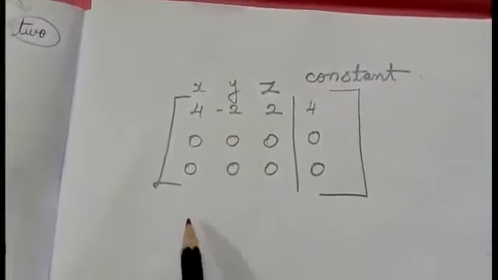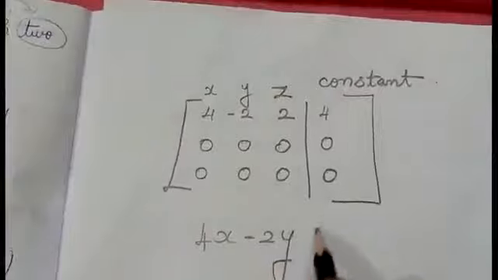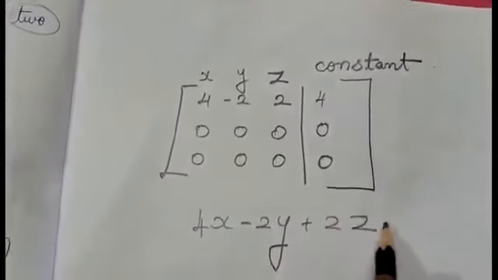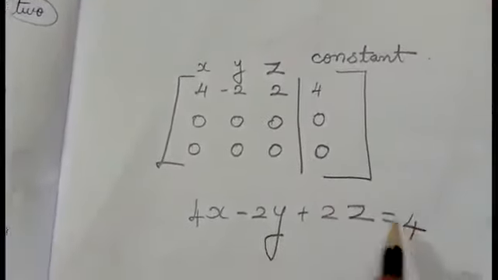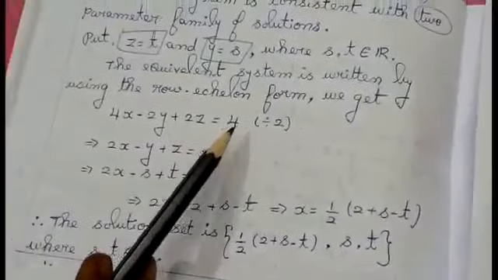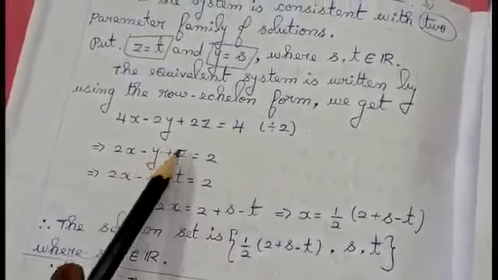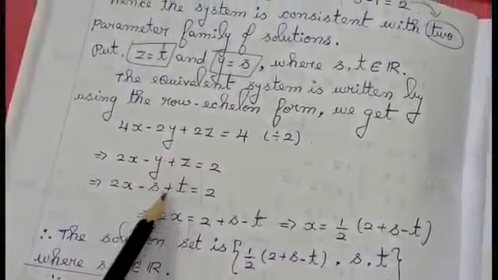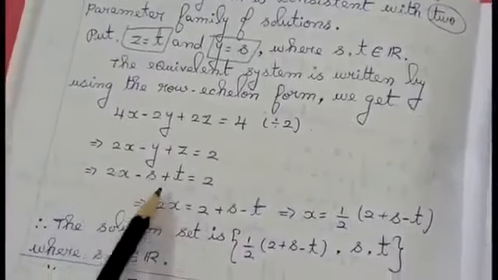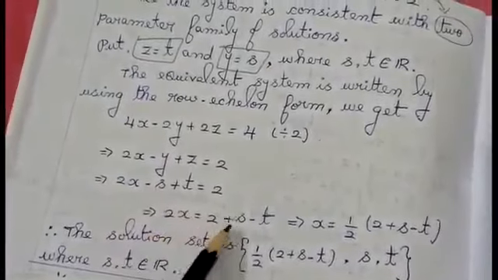That is, 4x minus 2y plus 2z equals 4. In this way I am getting the equation 4x minus 2y plus 2z equals 4. After simplifying, I am replacing y and z by s and t. From this equation I am getting the value of x.